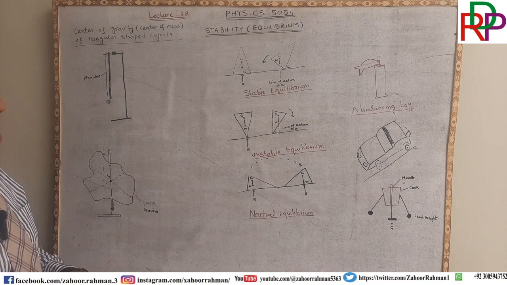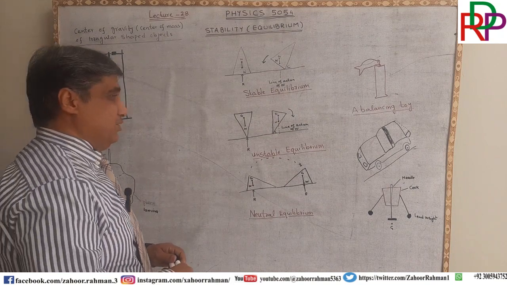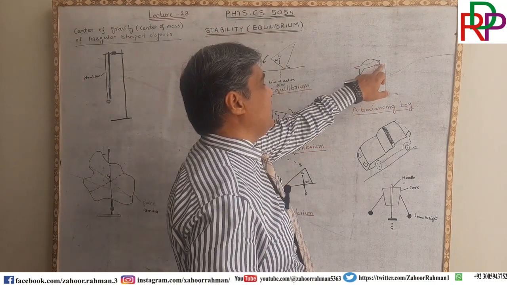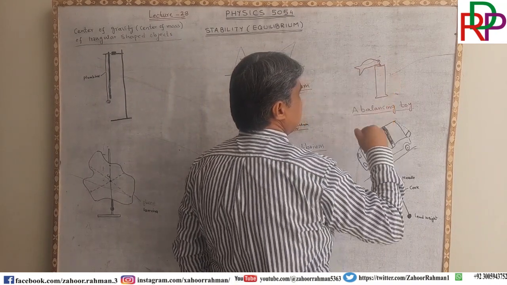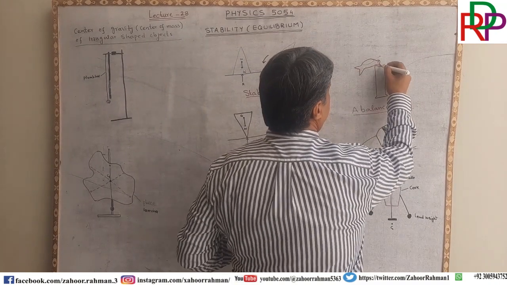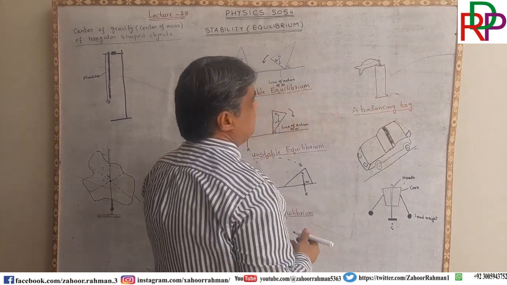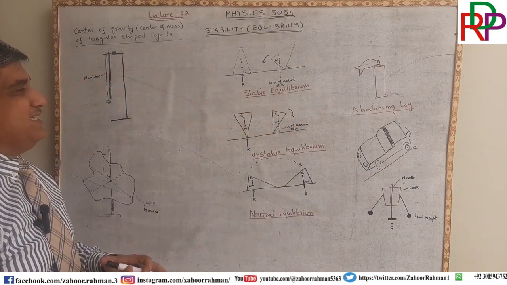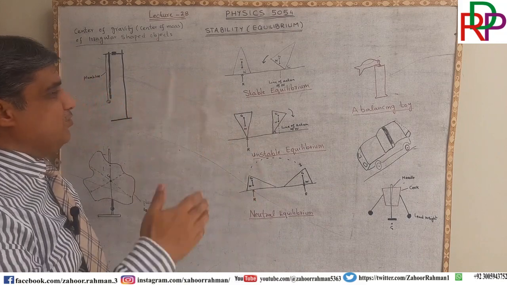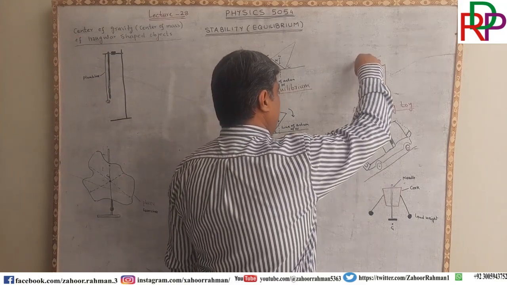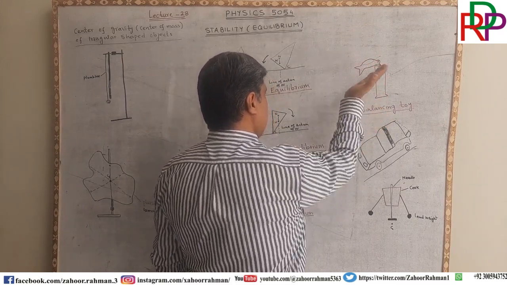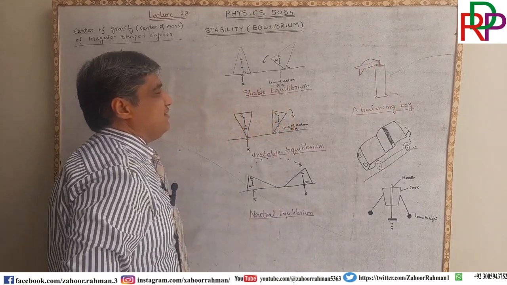That is an example of equilibrium as well, because all the mass of this bird is acting at the point of contact. So this is balanced by the contact force which is upward on this bird. If you push it down, it moves like this but does not topple down.